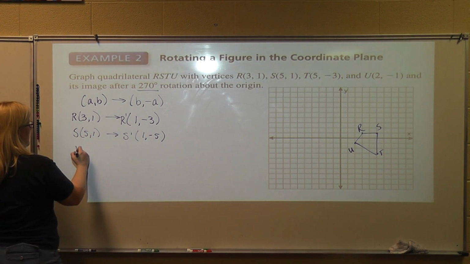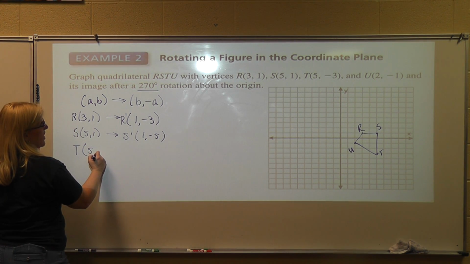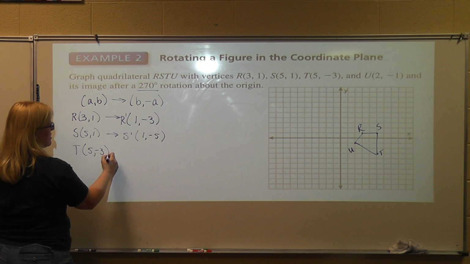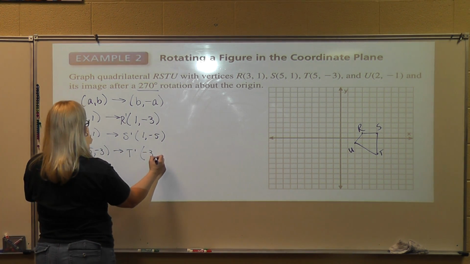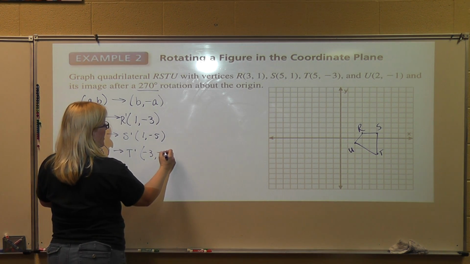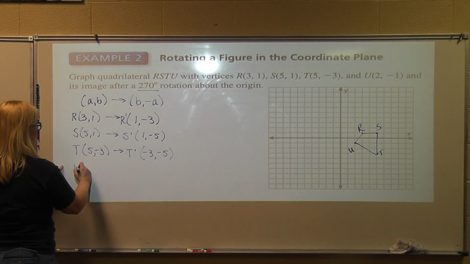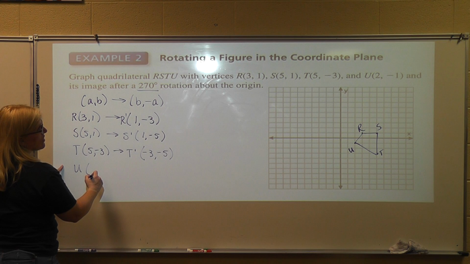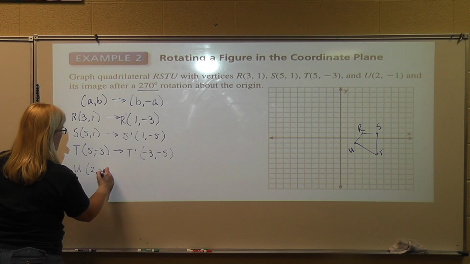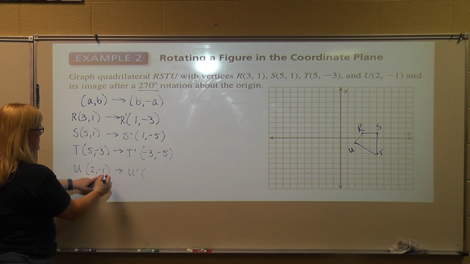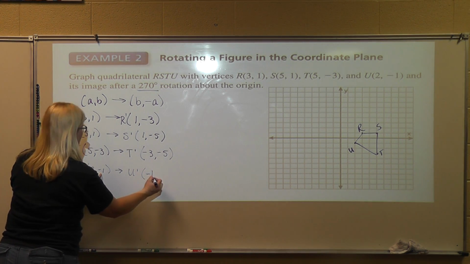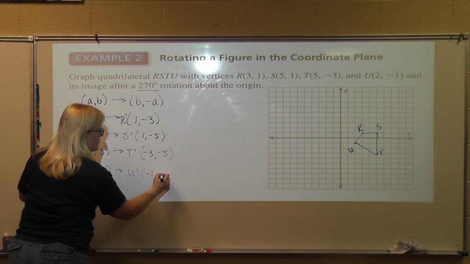T, 5, negative 3, goes to T prime, which is negative 3, negative 5, and U, 2, negative 1, U prime is B, negative 1, and then A is negative 2.